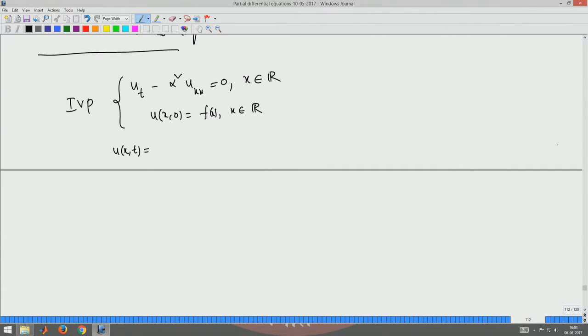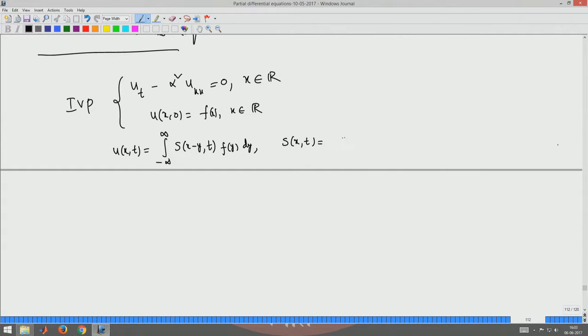You have derived the solution as the integral from minus infinity to infinity of s of x minus y comma t times f of y dy.